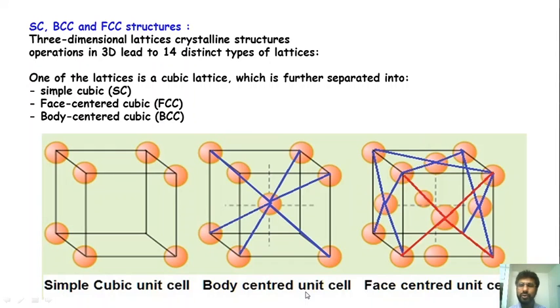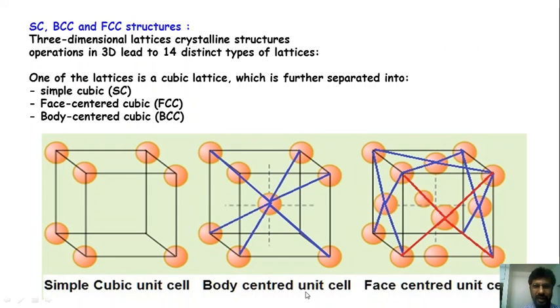Now in this unit cell, there are 6 atoms located at the 6 faces of the cube unit cell, and also 8 atoms at the 8 corners of the unit cell, and due to these face centered atoms it is known as the face centered type of unit cell.